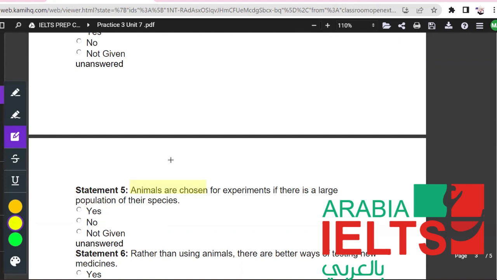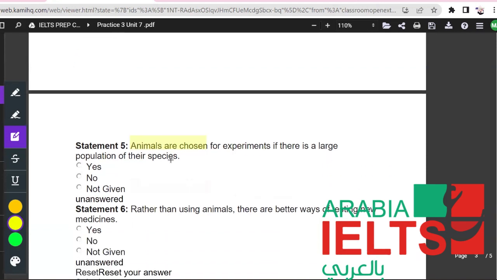The writer did not even think about how they are chosen based on whether they have a large number of their species, like rats and mice, the lab mice. They did not talk about that at all. It's not given.